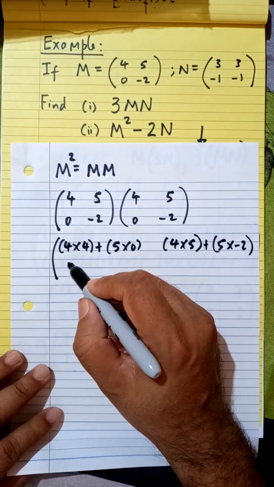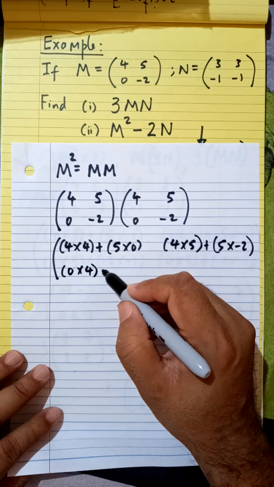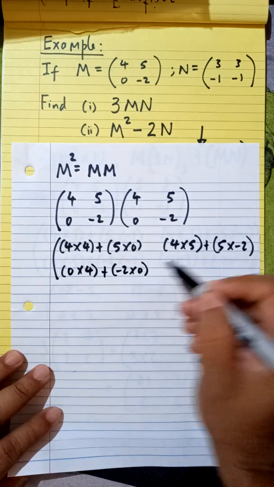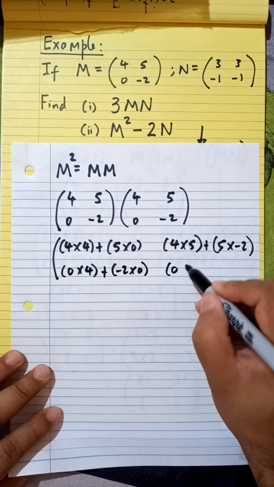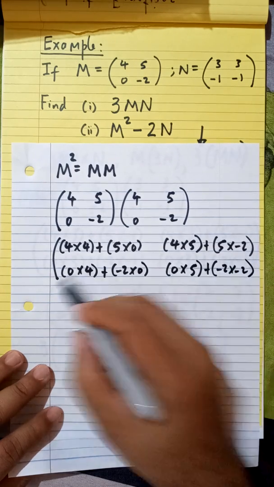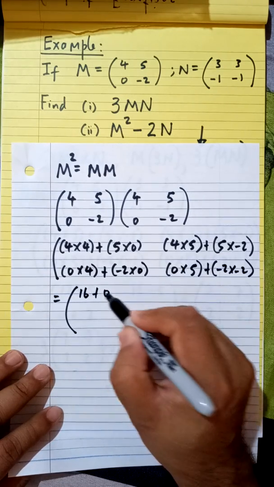And then 0 times 4 plus negative 2 times 0. 0 times 5 plus negative 2 times negative 2. All right, so that's going to be 16 plus 0.